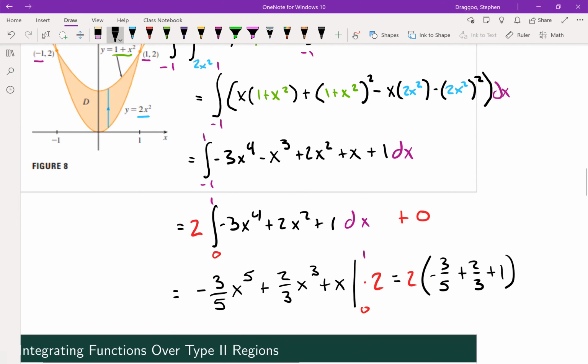And what does that come out to? That'll be -9/15 plus 10/15. So that's just 1/15 plus 1 is 16 over 15. And multiply all that by 2 means we have 32 over 15. Really hope my math worked out right there.